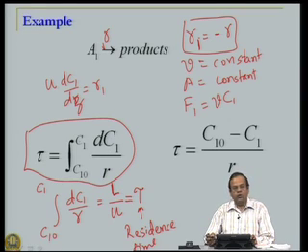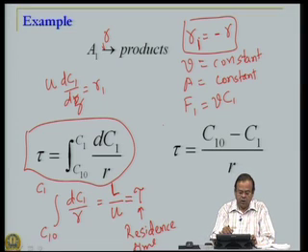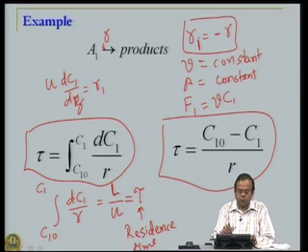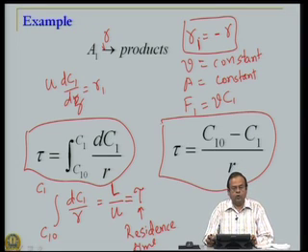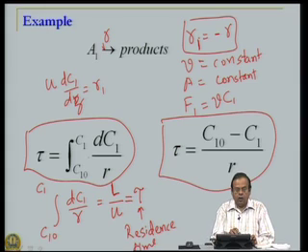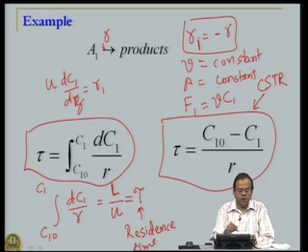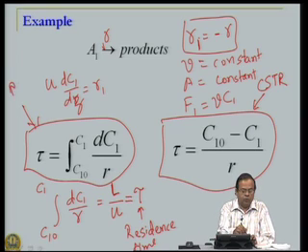Now, if we do the same simplifications for a mass balance on a stirred tank reactor, we get this particular design equation. This is for the stirred tank reactor, CSTR as we refer to it. This is for the plug flow reactor or PFR.